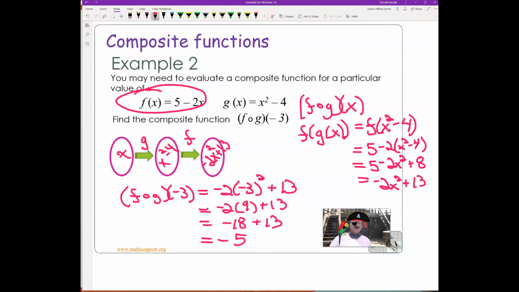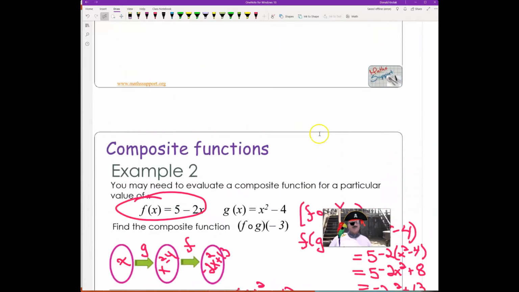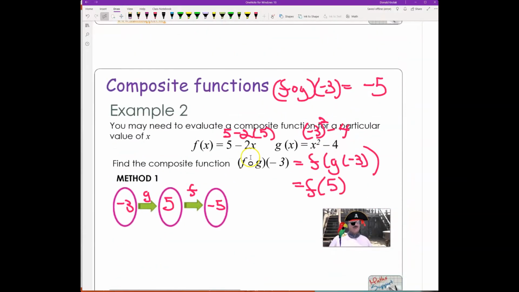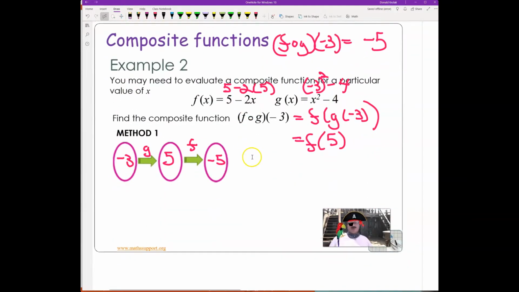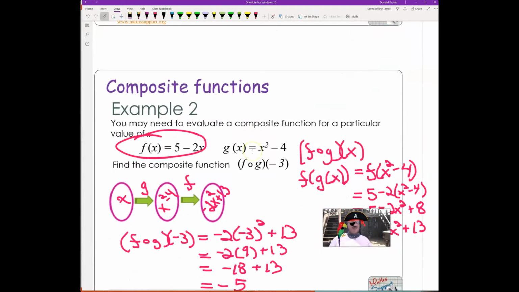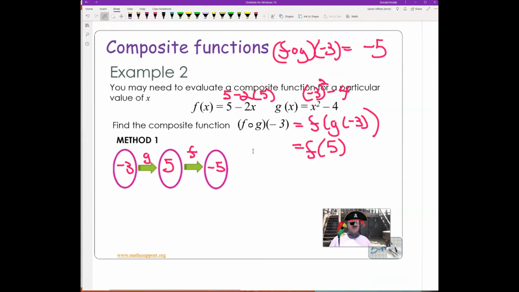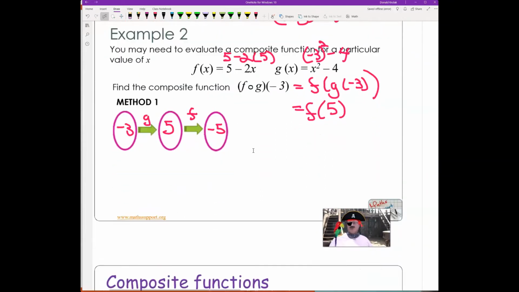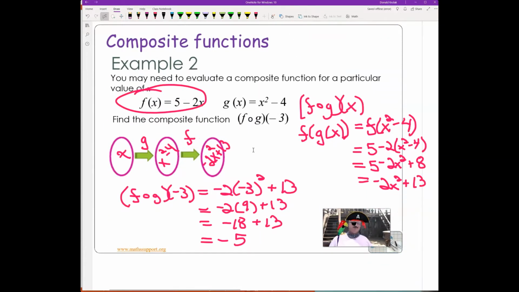And I get -5. Which is the same thing I got up here. So it's just two different ways. I would say in this particular case, this method would be a lot quicker than the other method. But sometimes you need to be able to do one or the other.